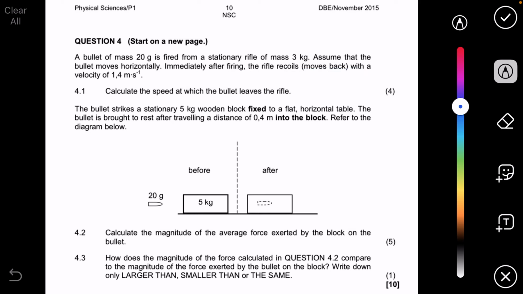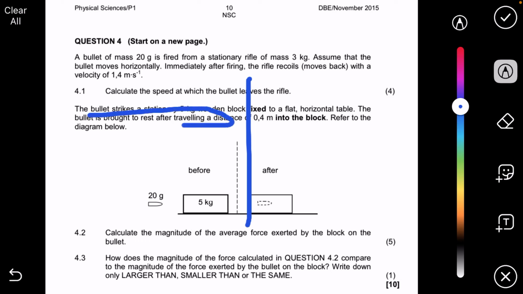Immediately after firing, the rifle recoils. It moves back, ladies and gentlemen, with a velocity of 1.4 meters per second. So it seems like we've got two situations, ladies and gentlemen.